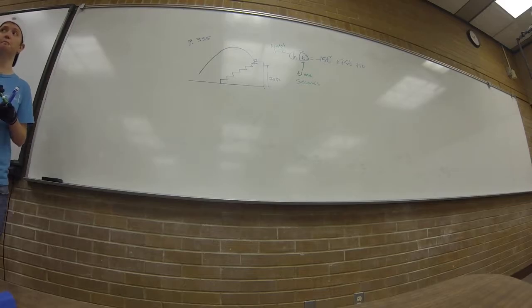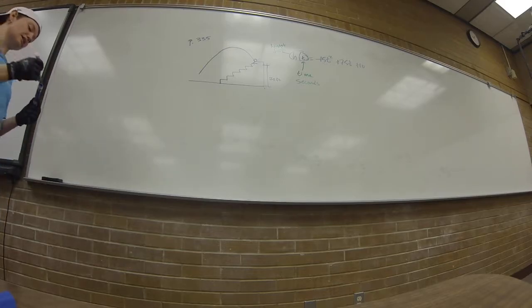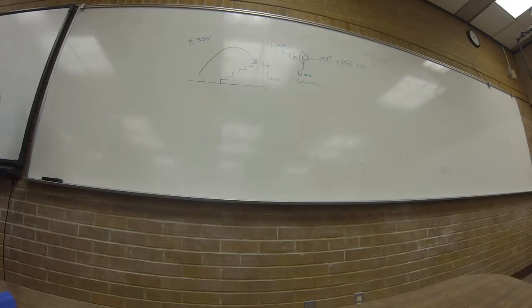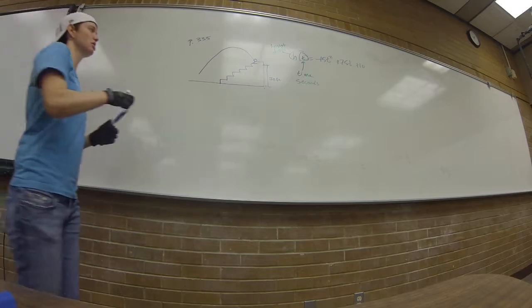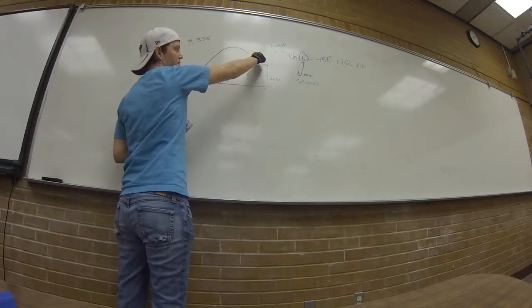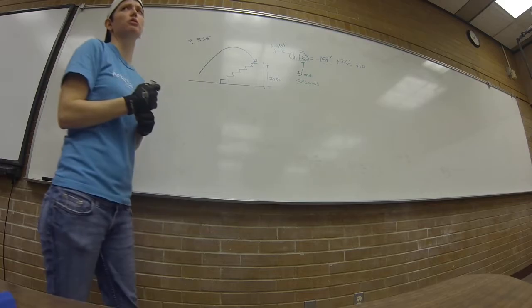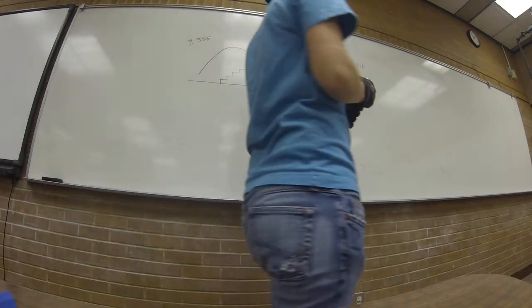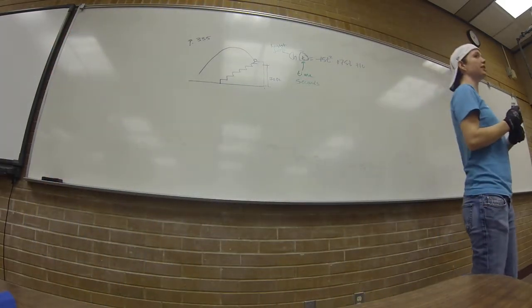We're good? Alright, so the question says, how much time has elapsed when the person catches the t-shirt? So the person catches the t-shirt at 70 feet off the ground, right? Is 70 an input or an output? It's an output. So don't plug it in, set it equal to.